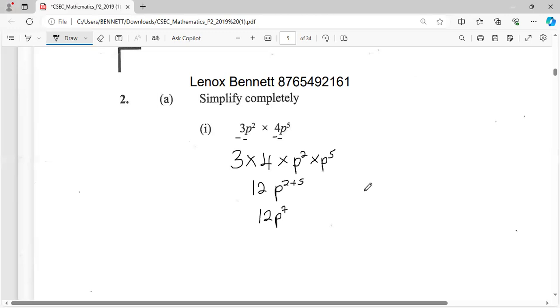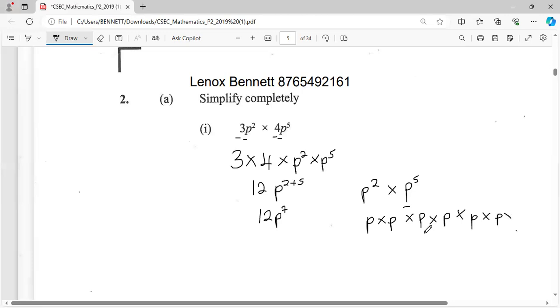So say you have p squared times p to the fifth. And I'm not just thinking about this question, I'm thinking about other questions that you might get. p squared means p times p, and it's the same thing for p to the fifth. It means p multiplied by itself 5 times.